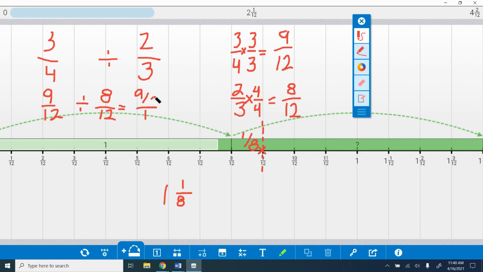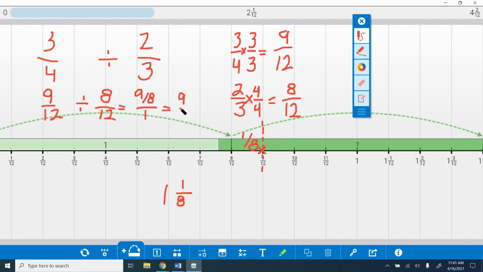What's 9/8 divided by 1? Well, I know 100 divided by 1 is 100. 1,000,000 divided by 1 is 1,000,000. 5,307 divided by 1 is 5,307. And 9/8 divided by 1 is 9/8.